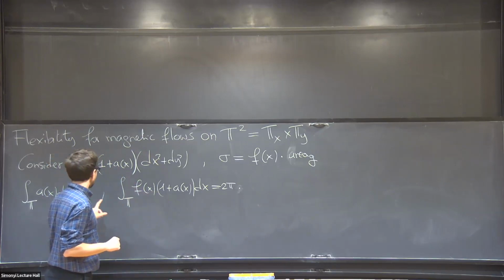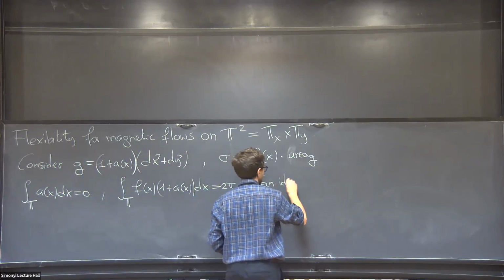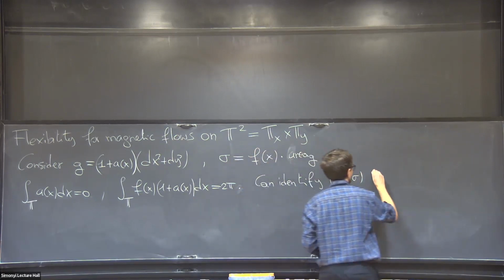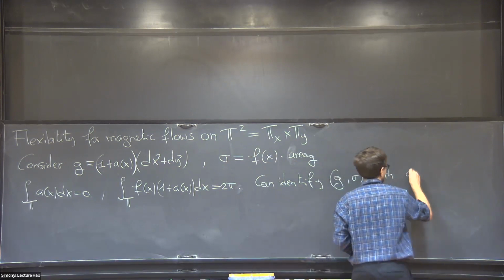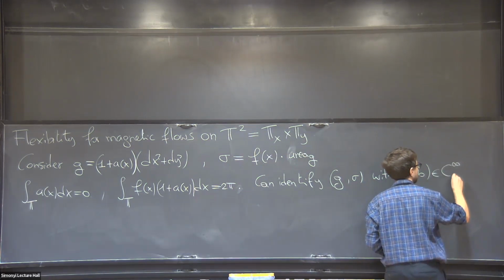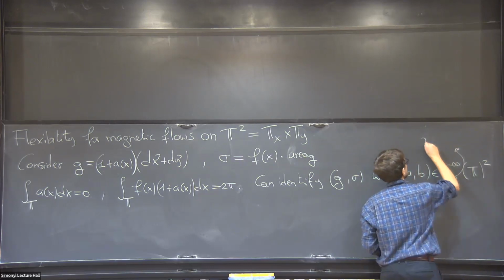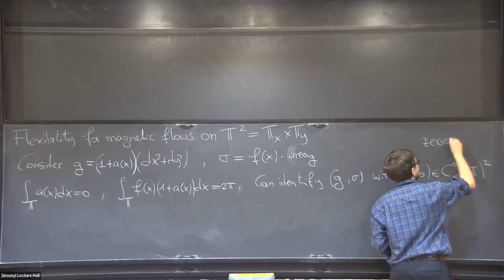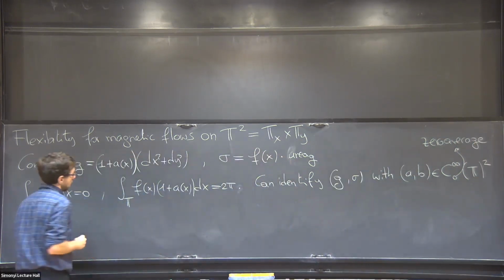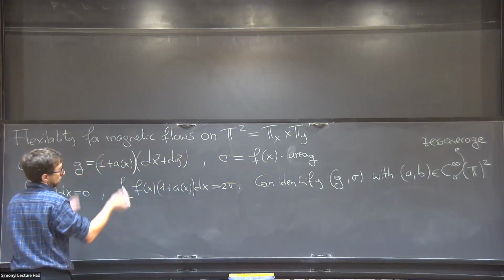Okay, then if you do these two things, you can identify (G, sigma) with a pair (A, B), which will be a pair of C infinity functions with 0 average on the two-torus. So this is 0 average, 0 average, where the function B is obtained by basically taking a primitive of these two forms at the universal cover.